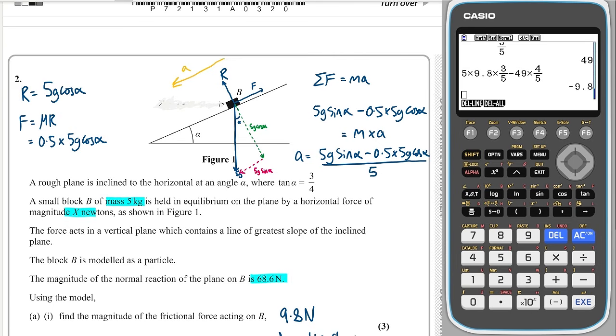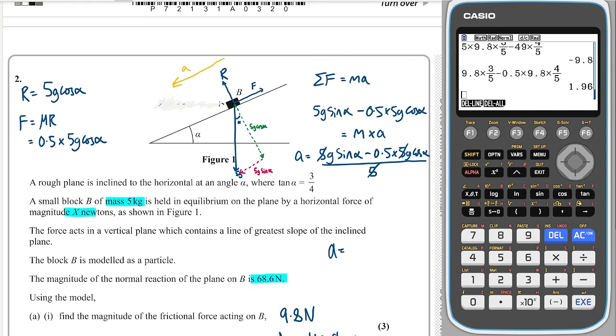To save some time, divide by 5. So in our calculator we go 9.8 times sine alpha, which we know was 3 over 5, minus 0.5 times 9.8 times cos alpha, cos being 4 over 5, equals 1.96.